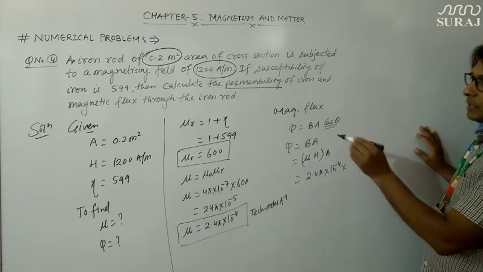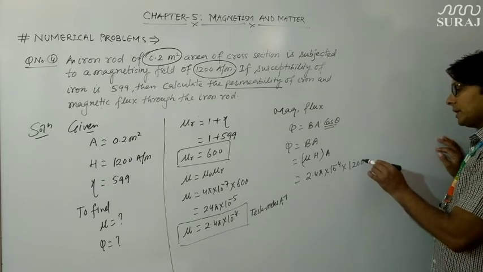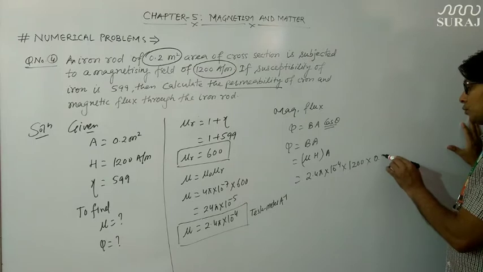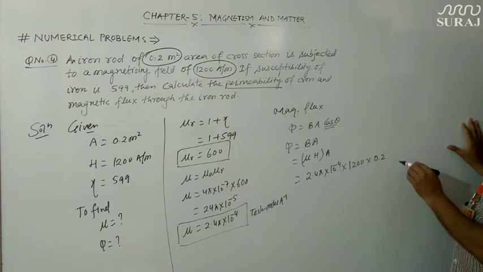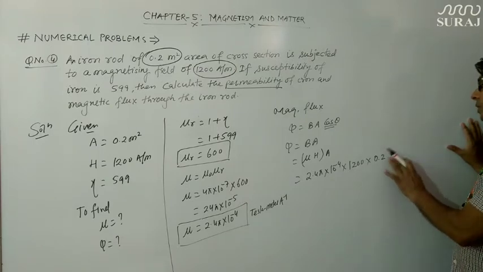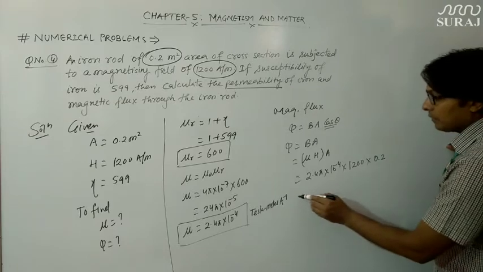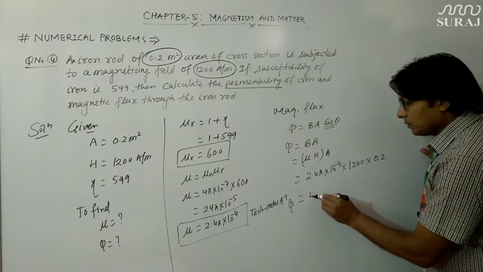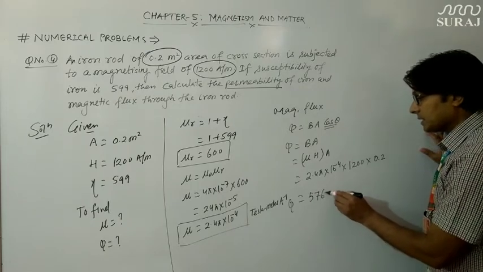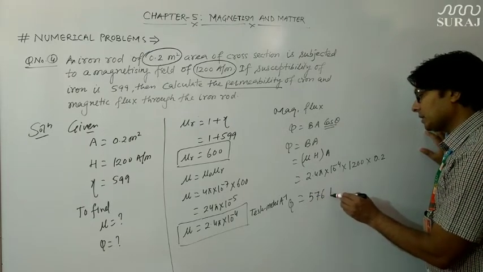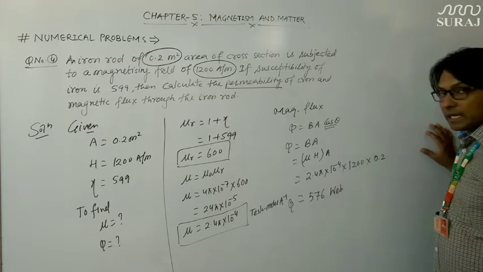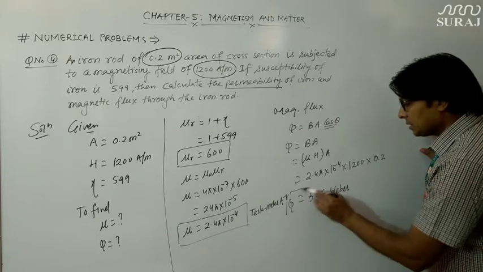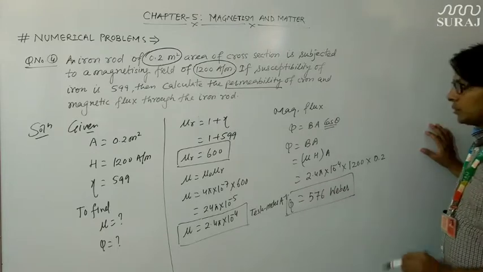H we have been given as 1200, and the value of area is 0.2 meter square. So when we calculate this value, it comes out to be 576, and the unit of magnetic flux is Weber or Tesla meter square. So this will be the answer of the second part of this question.